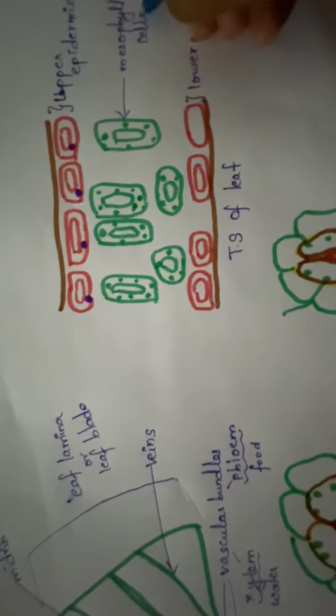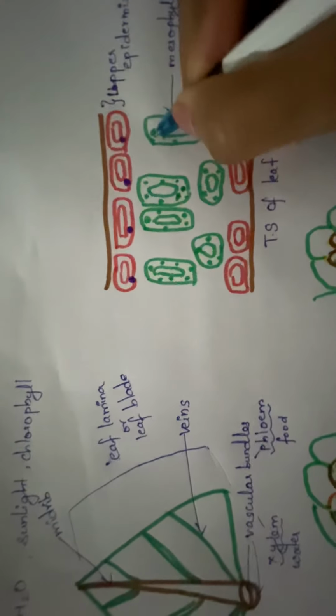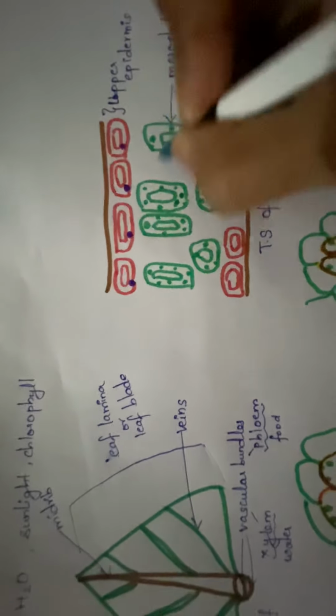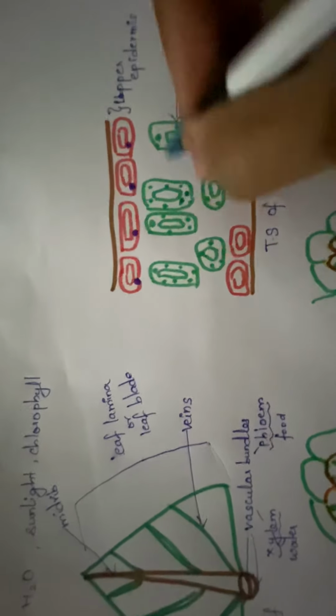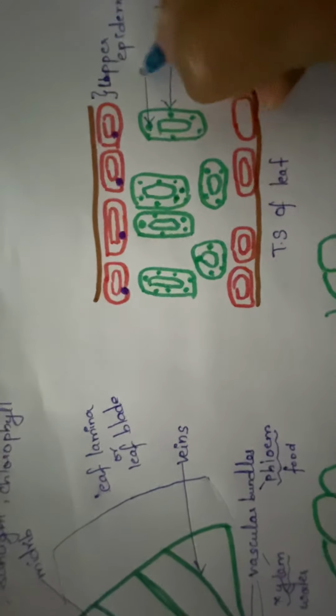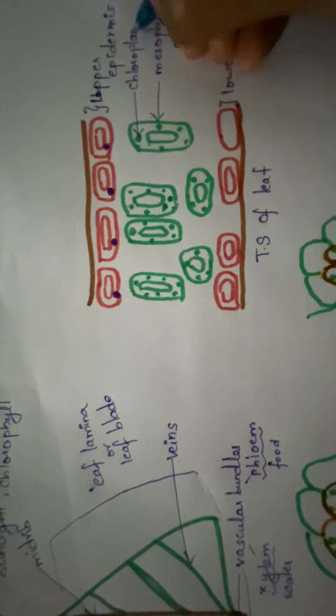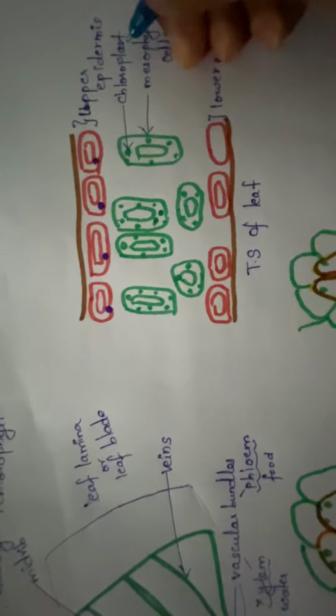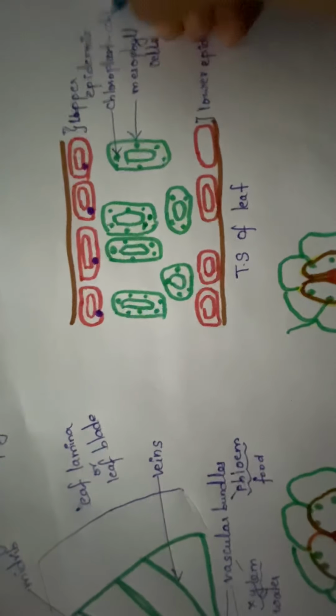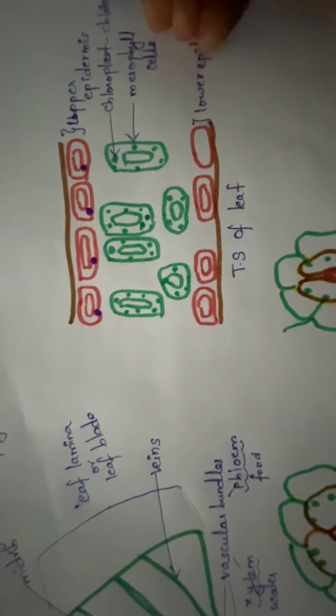Now if you look carefully, inside these mesophyll cells, I have drawn some green color dots. These green color dots are the chloroplasts. What is a chloroplast? Chloroplast, if you remember, is a type of plastid, and it contains the pigment chlorophyll, which is responsible for two things.